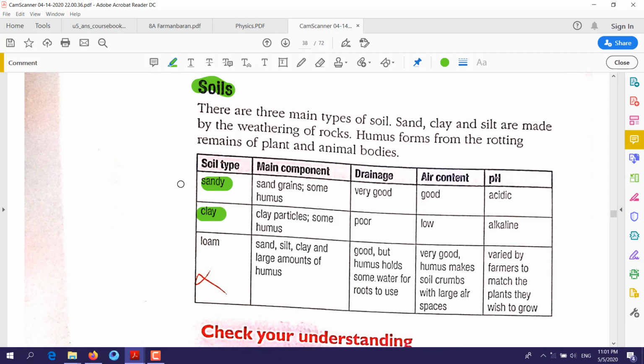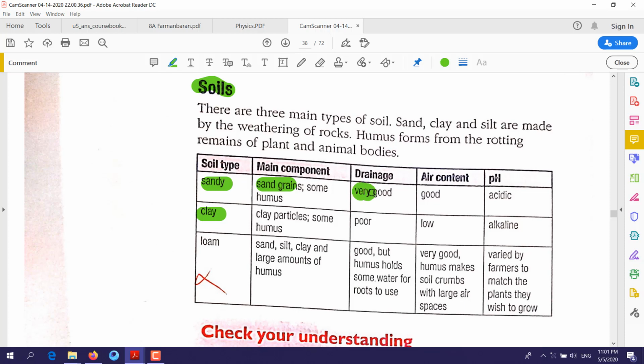Now, each one of these soils has a negative part and a positive part. For example, sandy soil's main component is sand grains and some humus. What do we mean by humus? It's living things in the soil. Any kind of living things in the soil, we call it humus.